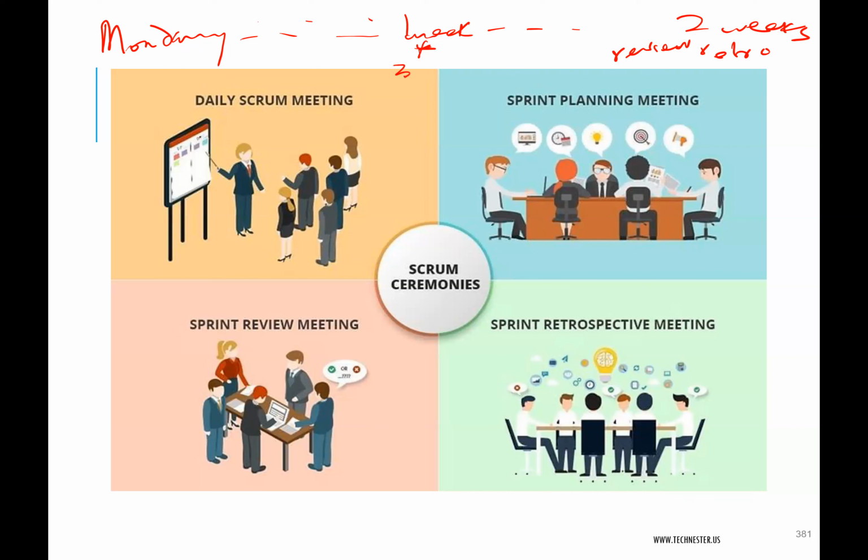there will be that three amigo meeting, which is essentially a pre-planning meeting. And in this meeting, you have just the Scrum Master, the product owner, and the business analyst or the lead of the development team.